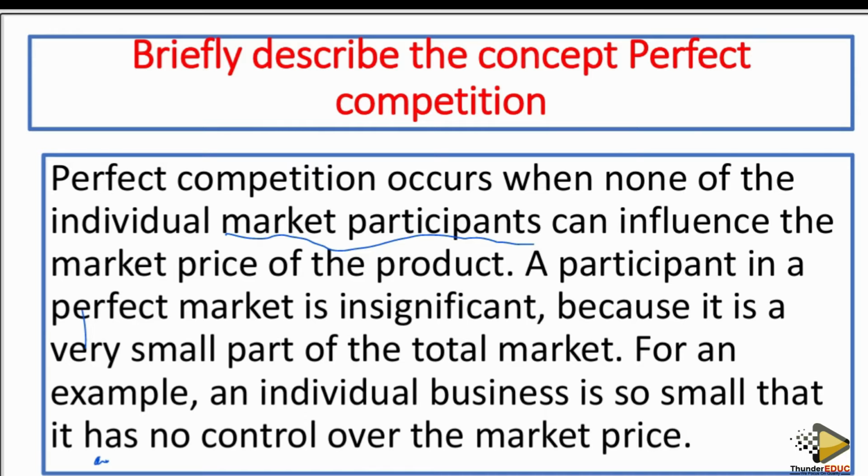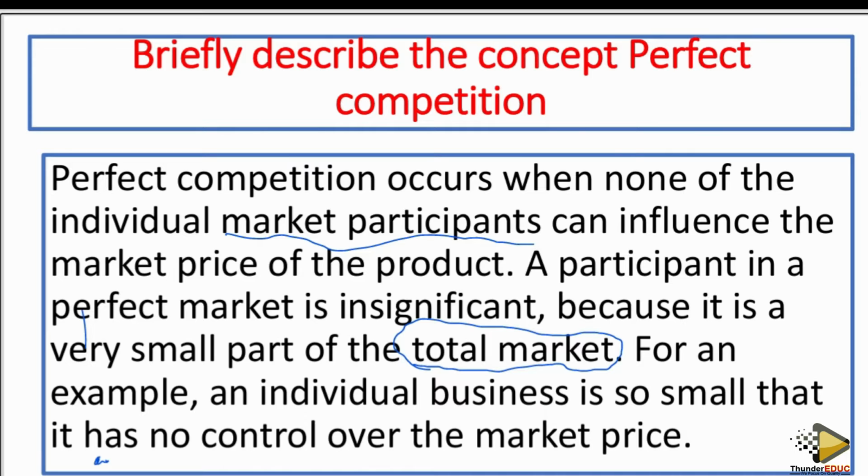Okay, right. A participant in a perfect market is insignificant because it is a very small part of the total market. If you still remember, we said that under this perfect market or perfect competition, we have a large number of buyers and sellers, and no business is more significant compared to other businesses.